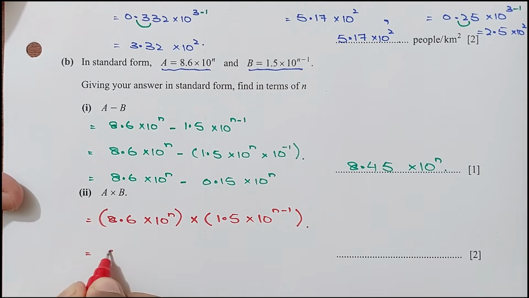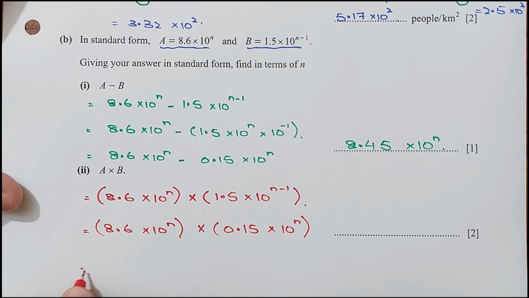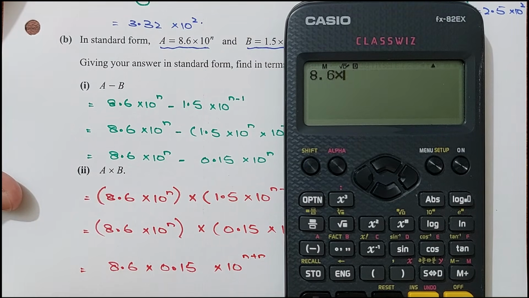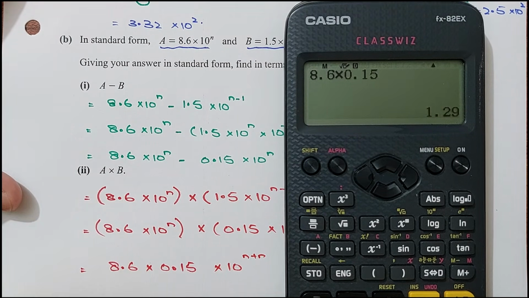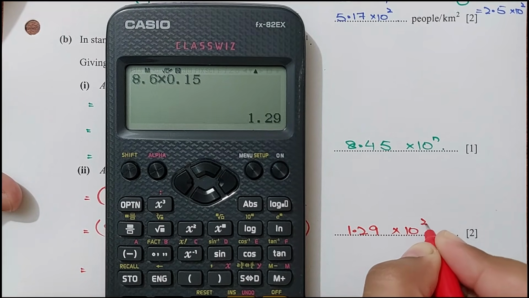Okay, again we are doing the same thing. 8.6 times 10 to the power n, its product with 0.15 times 10 to the power n, right? 10 to the power n is common, so 8.6 multiplied by 0.15 multiplied by 10 to the power n. The bases are the same in a product, so we can add the powers, n plus n, right? So 8.6 multiplied by 0.15 is 1.29, multiplied by 10 exponent 2n.